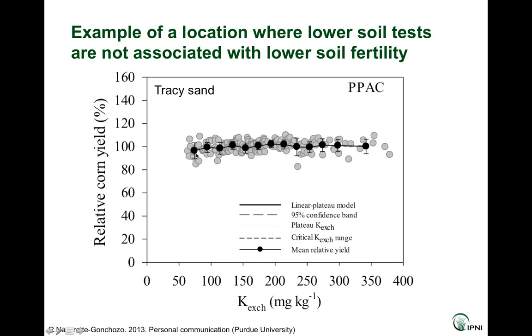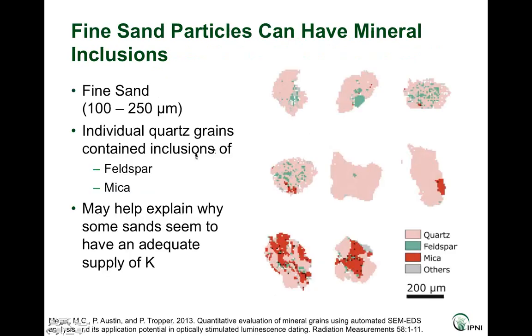Here's a relatively new study that just looked at a new analytical technique that allows us to map soil minerals at a very small scale. So these pink blobs are actually individual sand grains.